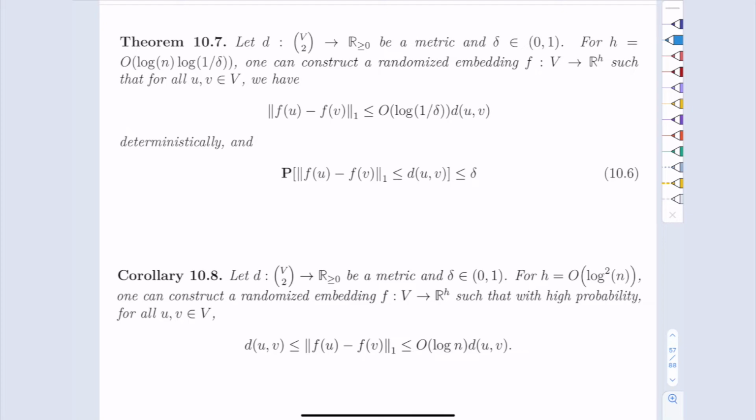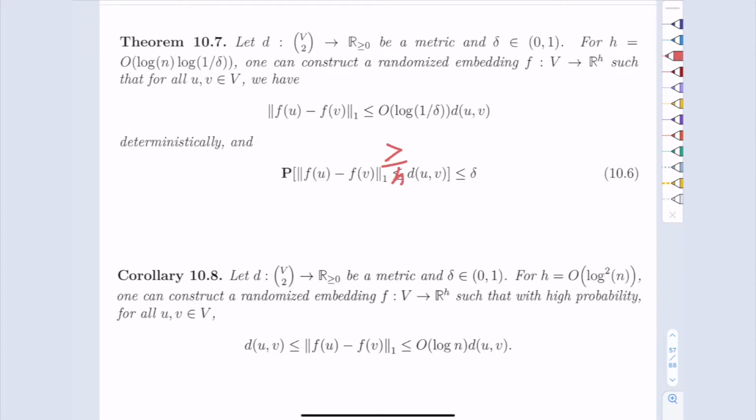If you give me a metric, then I can construct an embedding with roughly log n dimensions, so log n lines, so that the distance is always bounded up above by log of 1 over delta times the distance in the metric, and bounded below, that's not right, okay, mark that down, that's an important typo.